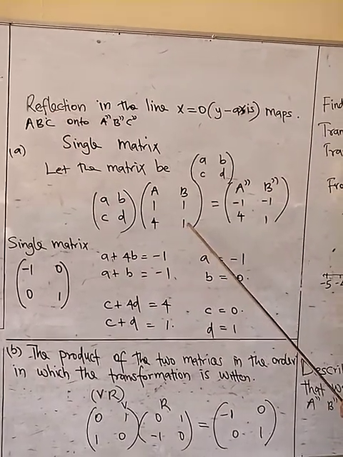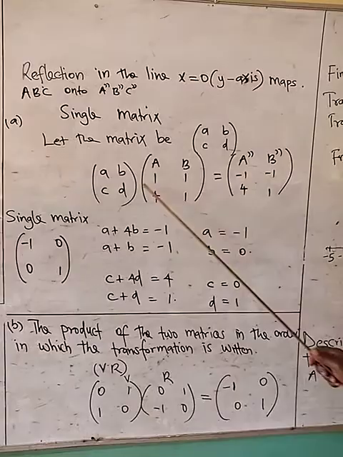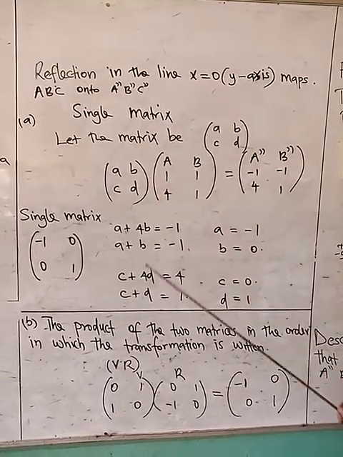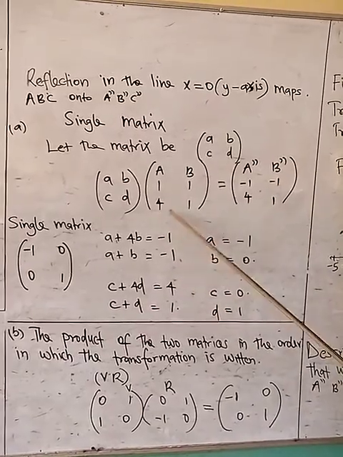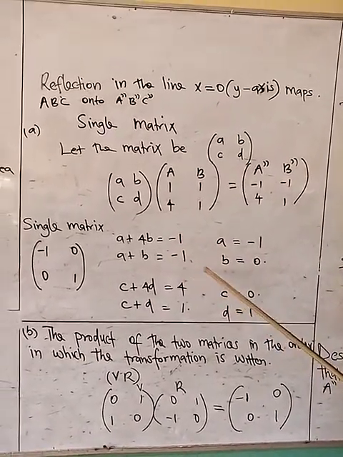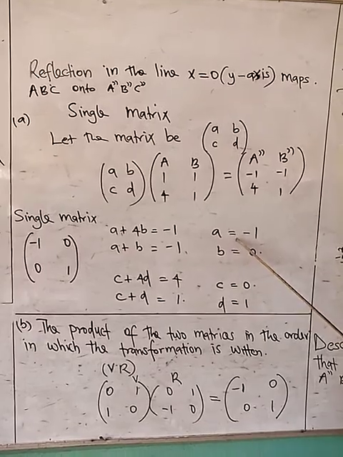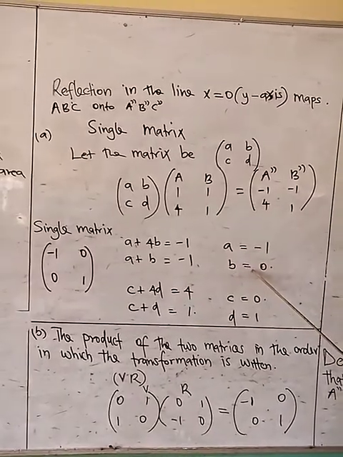Then we also have A + B = -1. From this calculation, you will find that A is equal to -1 and B is equal to 0.